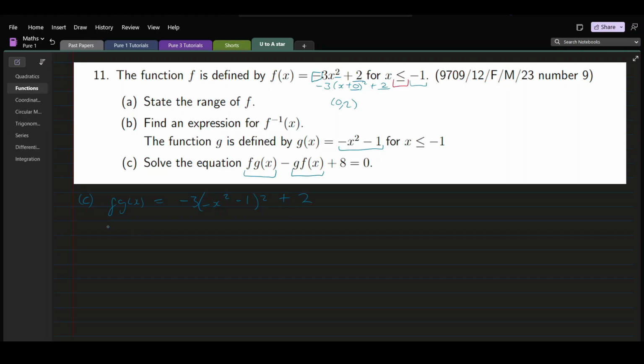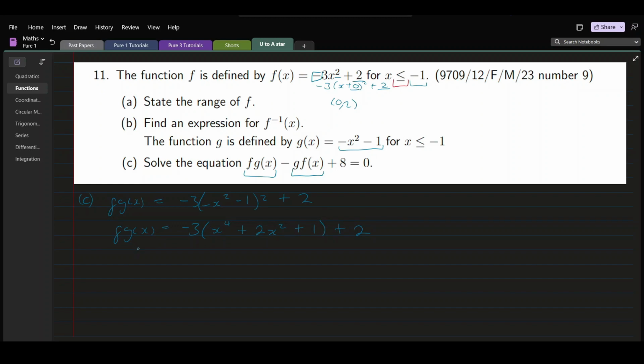And now let's expand this. fg of x is equal to, so this becomes negative 3. And if we expand, that's negative x squared squared, which gives us x to the power 4. And then we have 2 times negative x squared times negative 1, which gives us a positive 2x squared. Then finally we have negative 1 squared, which is a positive 1, plus 2.